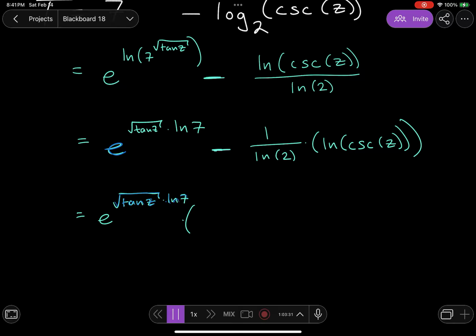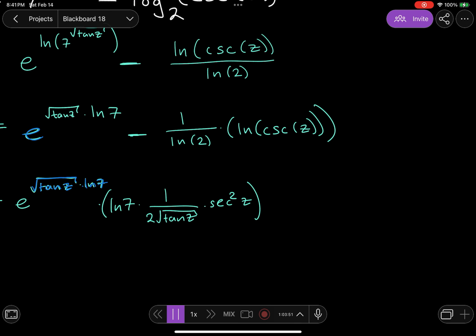But the natural log of 7 is just a number, so that's just going to drop, natural log of 7, times the derivative of root tangent z. That's going to be 1 over 2 root tangent z times the derivative of the inside function, that's secant squared of z, minus 1 over the natural log of 2, the derivative of this inside function.